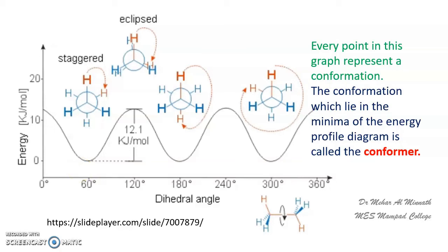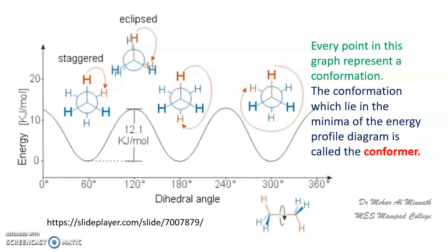Eclipsed conformation is not a conformer. You have to keep this terminology in mind. You don't use the term conformer for an eclipsed conformation. You use conformer only for the staggered conformation of the ethane molecule.